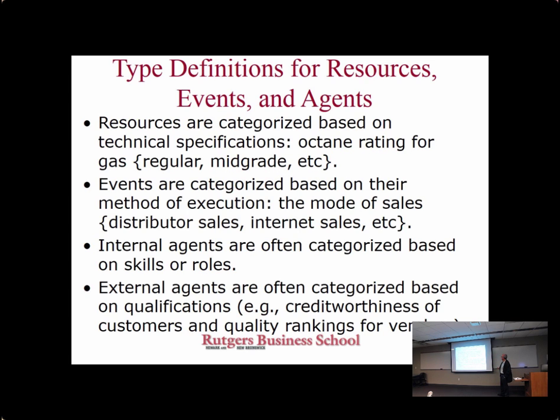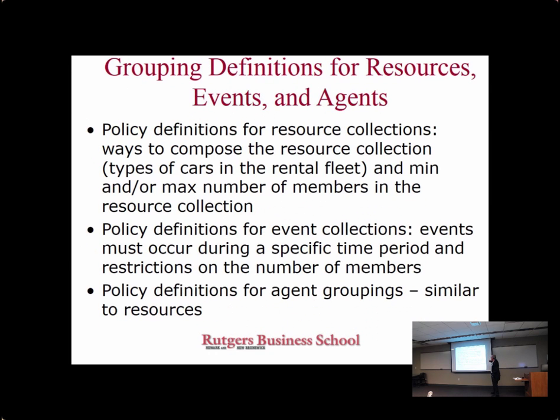Okay, so how do we group them? When we create policy definitions for resource collections, you remember that when we do groupings, grouping entities typically had a lot of derived attributes.